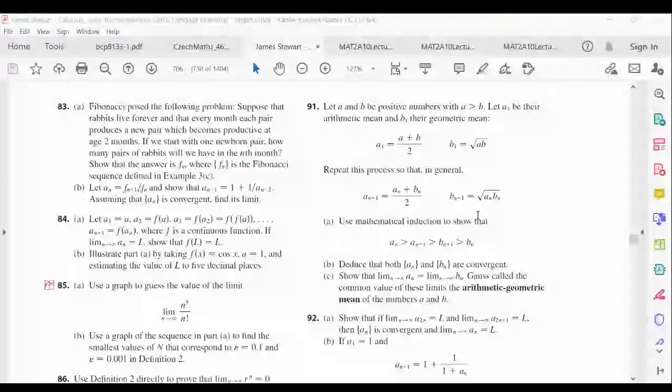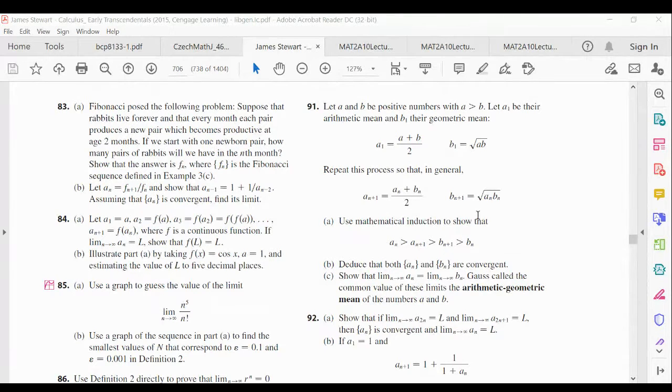Okay, I'm going to share my screen and we look at question 83 and see if we can answer Ms. Opperman's question. Basically she wants to know, how do we get started? So the question says, Fibonacci posed the following problem. Suppose that rabbits live forever and that every month each pair produces a new pair which becomes productive at age 2 months.